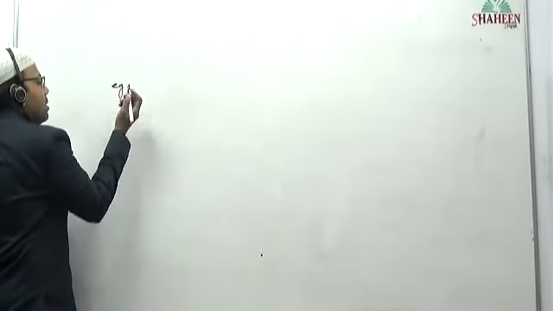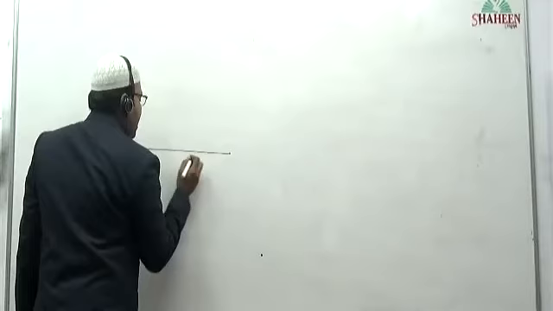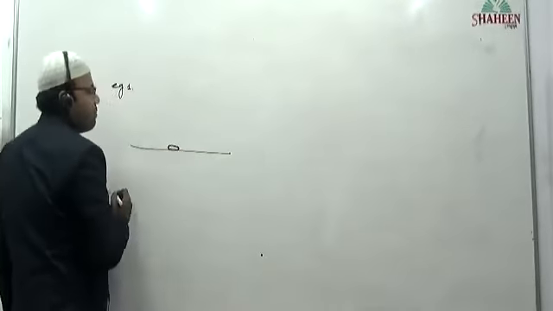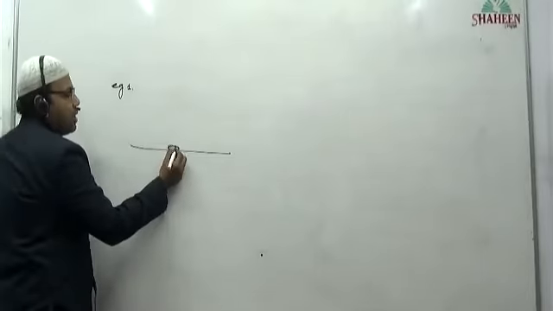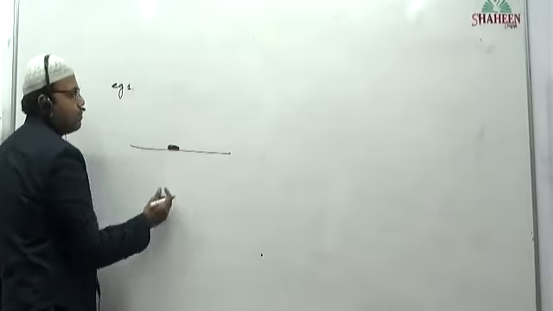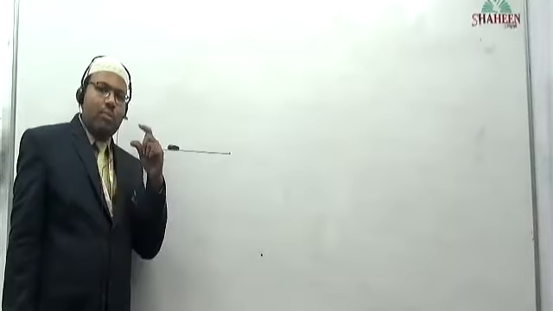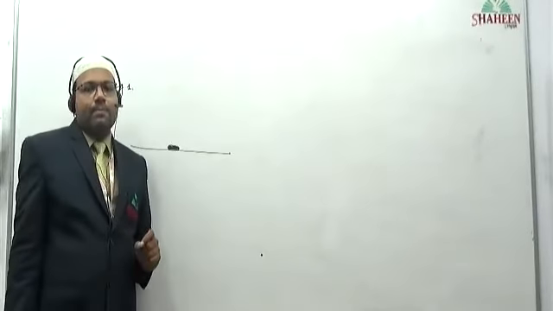Example 1. Suppose we are having a cracker here. One cracker is there. यहाँ पे एक cracker है बेटा. This is the cracker. So when this cracker explodes, the cracker is at rest. Try to understand my wordings. Cracker is at rest.